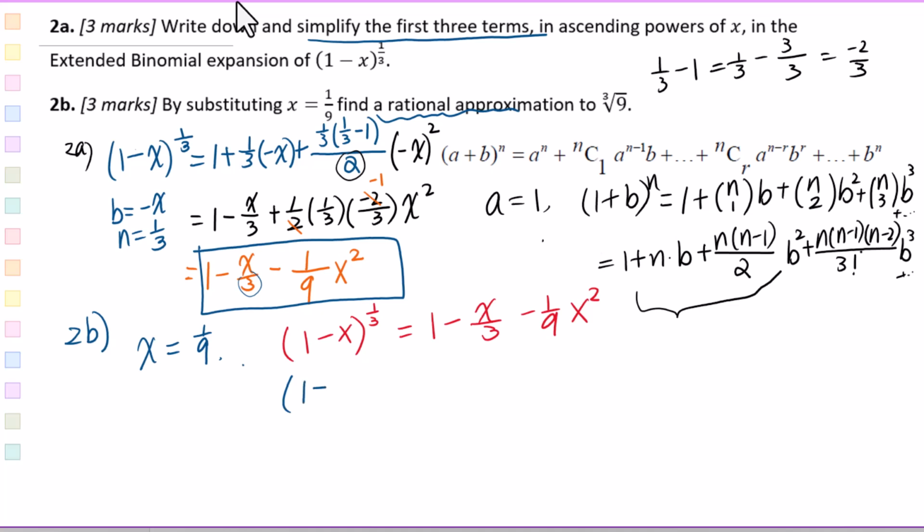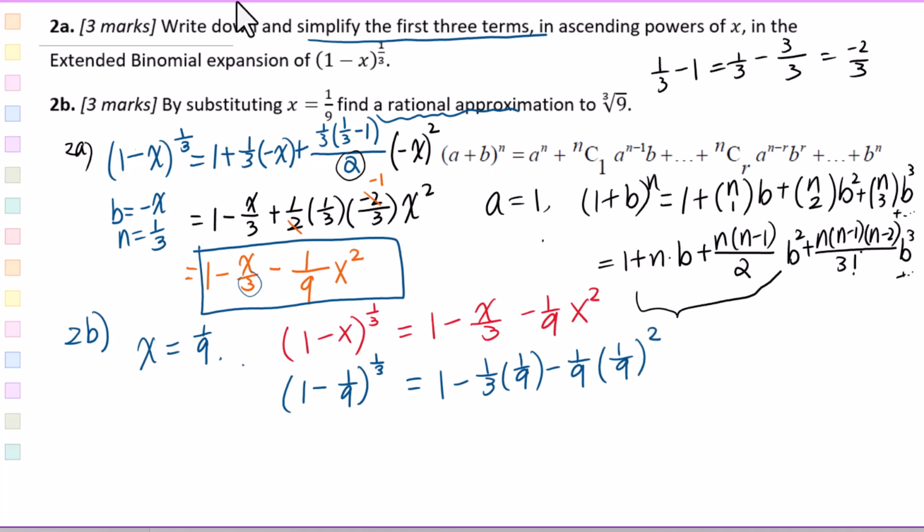So we get (1 minus 1 over 9) to the power of 1 over 3 equals 1 minus 1 over 3 times 1 over 9 minus 1 over 9 times (1 over 9) squared.